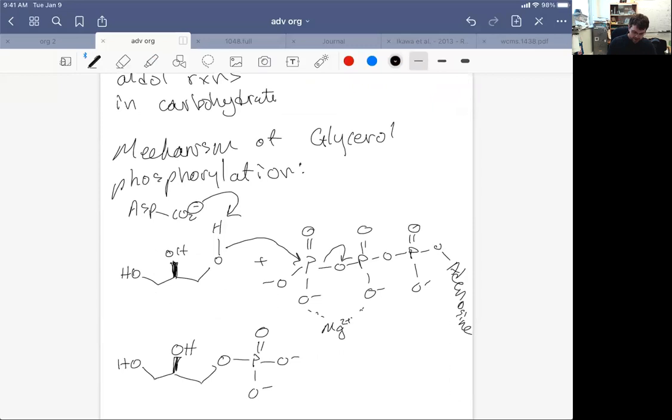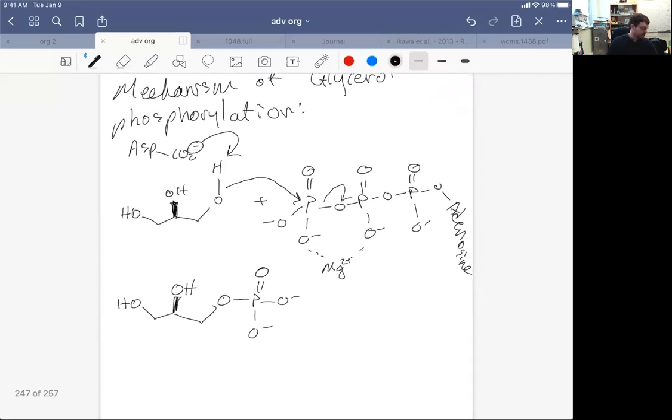So we now have our glycerol 3 phosphate. And the numbering is always a bit interesting. They put this SN in front of it for nomenclature. Don't worry about that. Plus adenosine diphosphate.